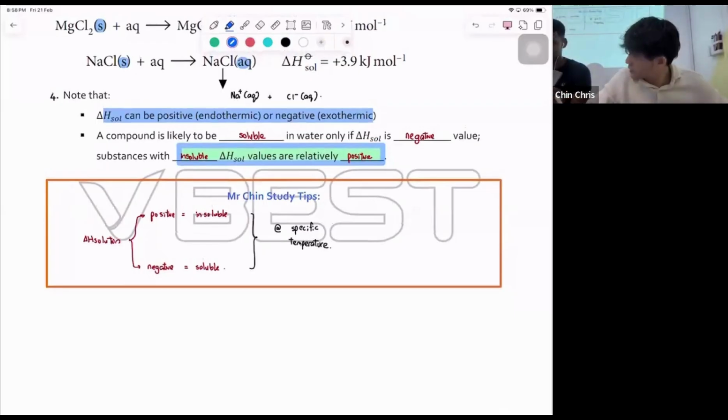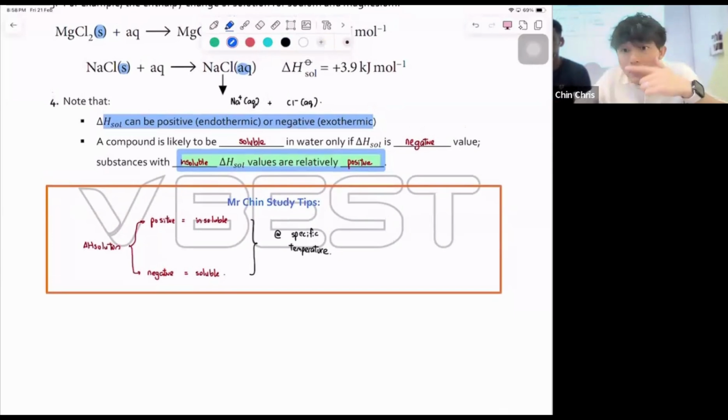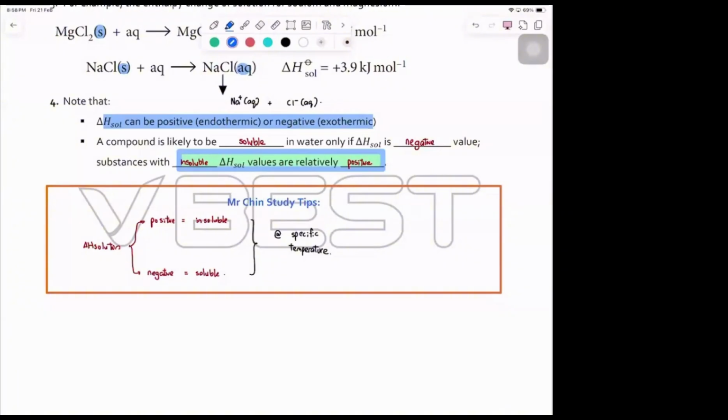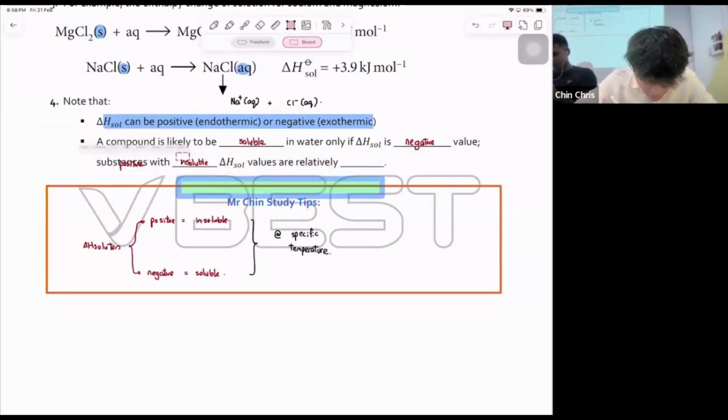Insoluble delta H value or positive delta H value? I think you put insoluble instead of positive delta H. Okay, I get it now. Here, with a positive value, it's insoluble. My bad.